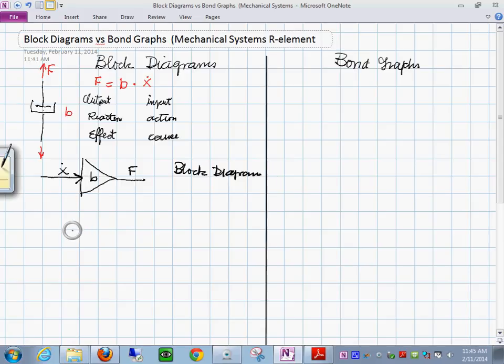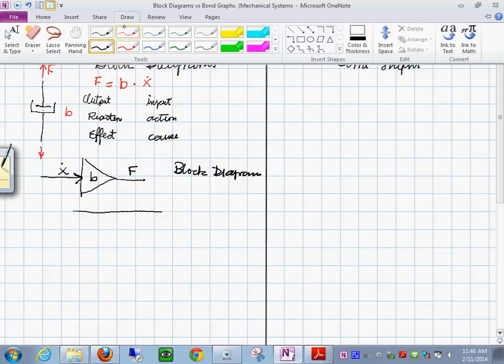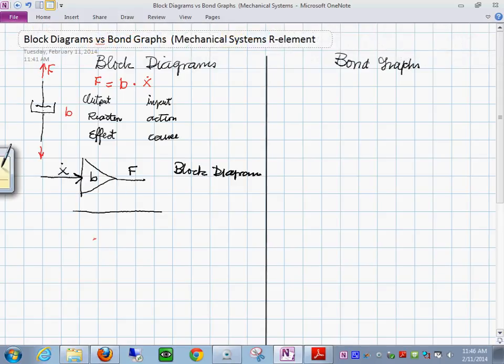So in here, let's draw a line over here, and now I'm going to do something different. I would like the equation to be written in a slightly different way. I am going to write that x dot is equal to 1 over B times F. So now we have reversed the roles. F becomes the input or the cause, and x dot becomes the output or the effect.